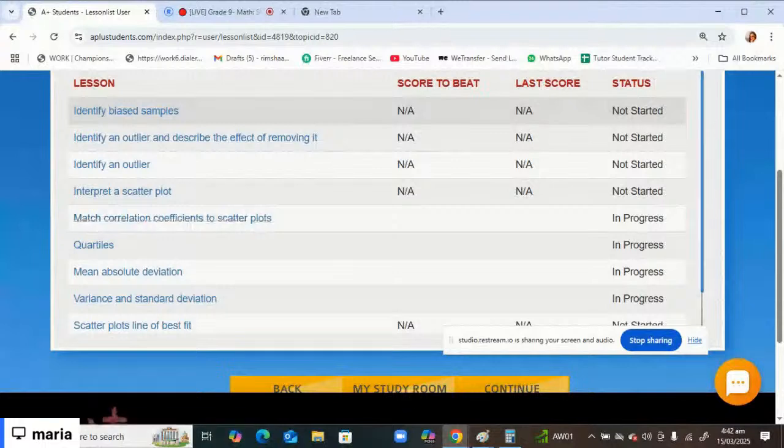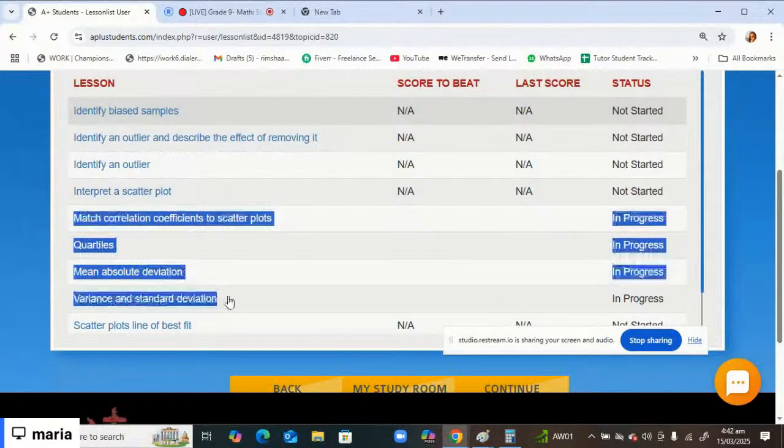So we have done these four lessons today: match the correlation coefficient to the scatter plot, quartiles, mean absolute deviation, and variance and the standard deviation.